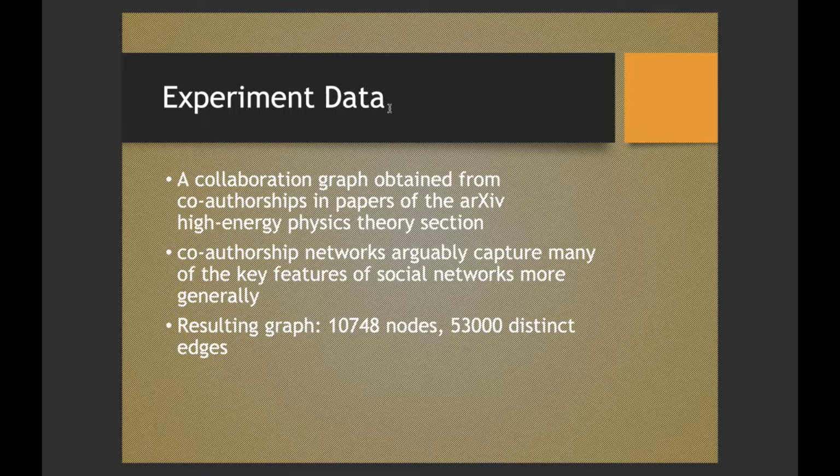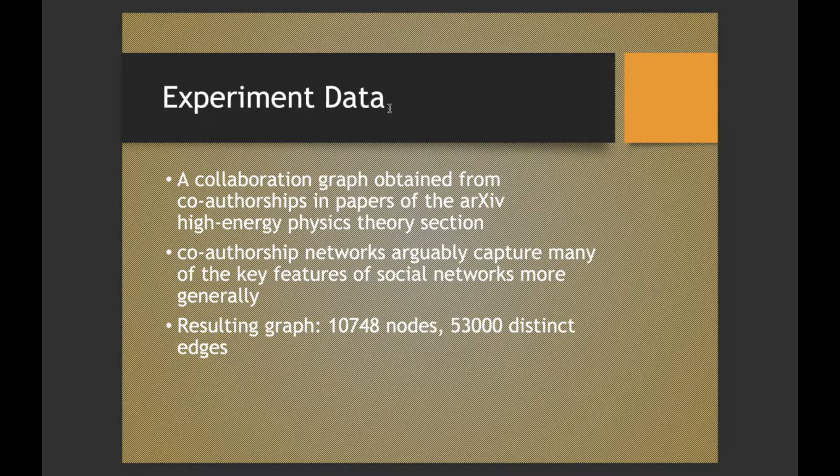And it's important that we choose data which will effectively capture the workings of an underlying social network. And for that purpose, we have considered a combined list of papers from the high energy physics theory section that are co-authored. And with this data, we have constructed a finite directed collaborative graph.